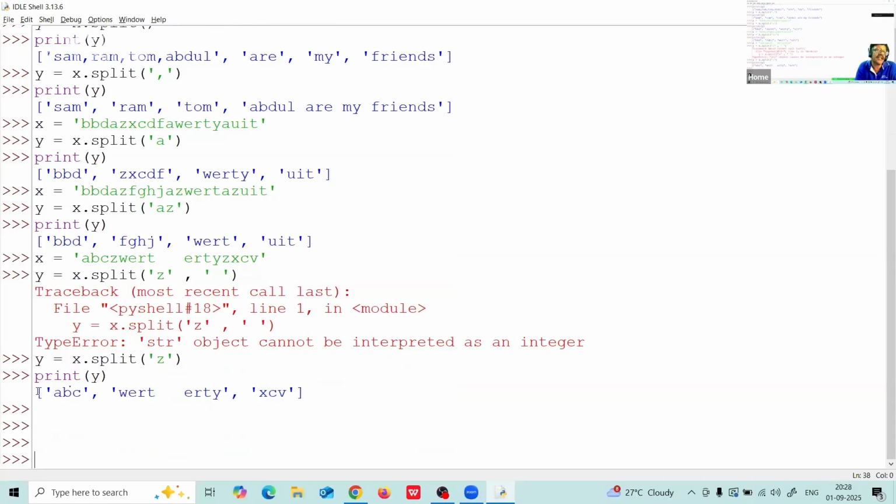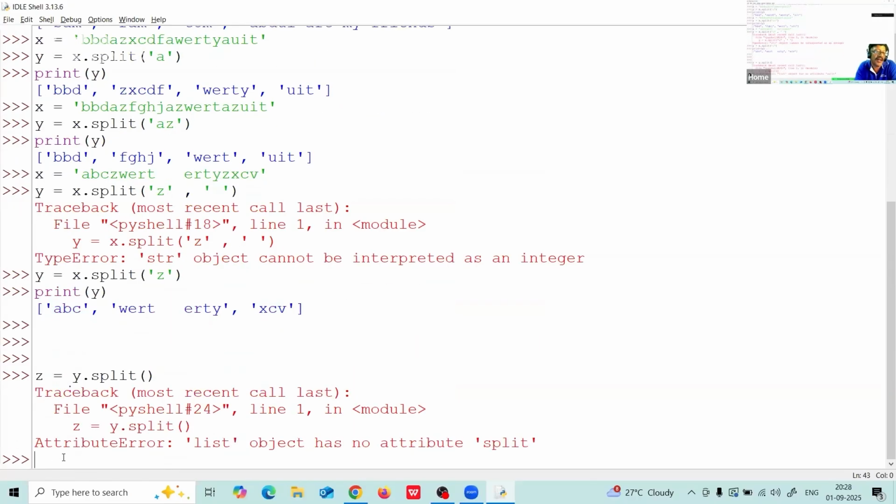For running the second split, you need a string, but this is a list. See, if you now try Z is equal to Y dot split, Y dot split, this will give an error. How can you run split on Y? It is complaining Y is not a string, Y is a list.